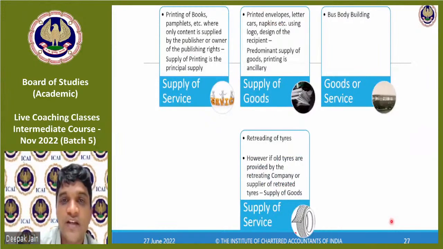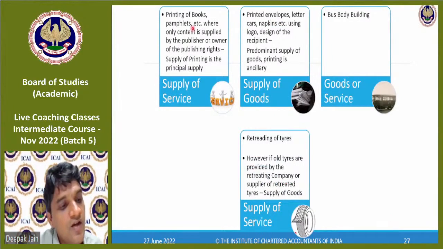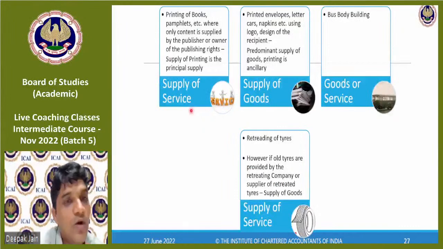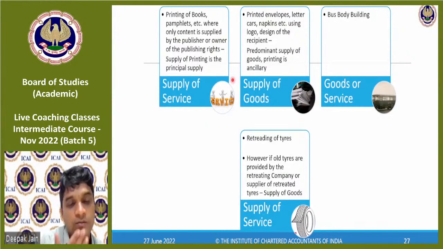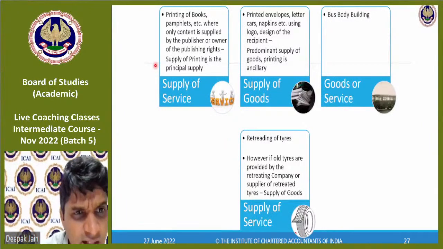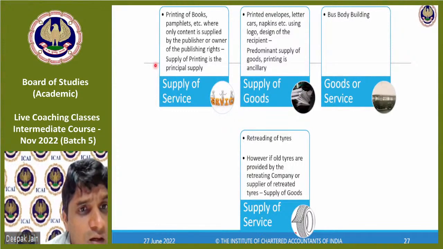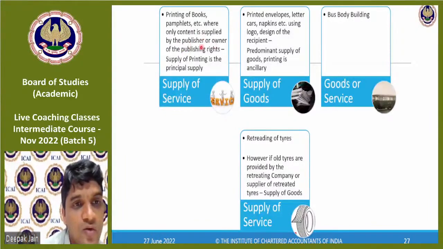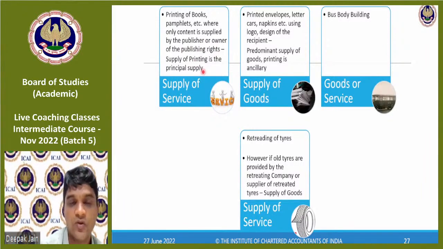Now there are some clarifications given. In case of printing of books, pamphlets, etc., where only the content is supplied by the publisher or owner, then supply of printing is the principal supply. It is a supply of service.